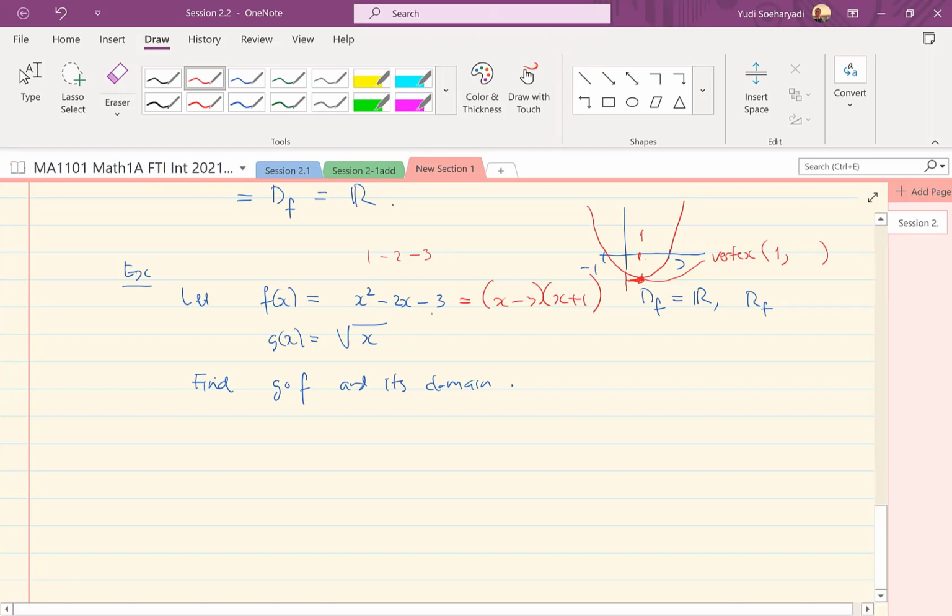Is that correct? Okay. Plug in 1, 1 minus 2 minus 3. Oh, okay. Minus 1 minus 4. Right? So this is minus 4. Okay, so the range is everything up here. Okay, so the range is there.